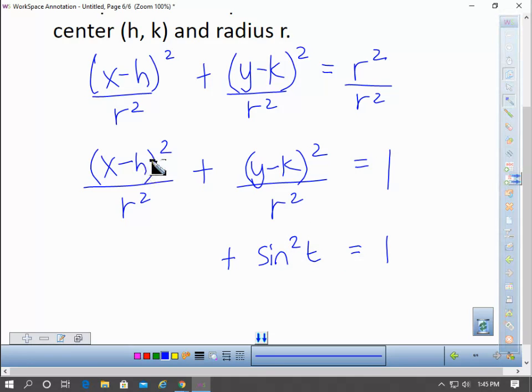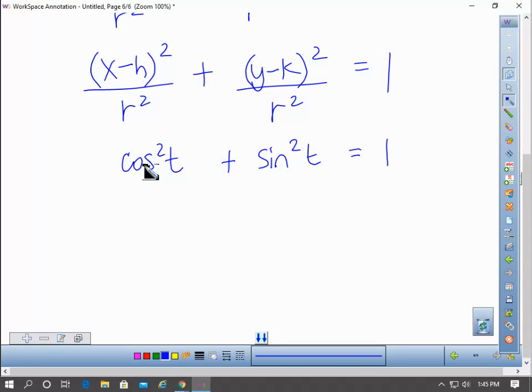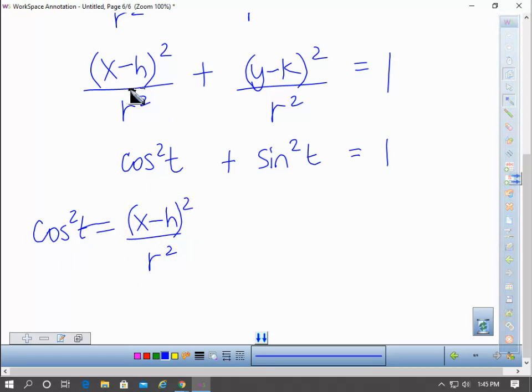And then this would be our cosine squared. So comparing these together now, my cosine squared is going to be equal to (x minus h) squared over r squared. That's going to be that part. My sine squared is going to equal this part here, (y minus k) squared over r squared.